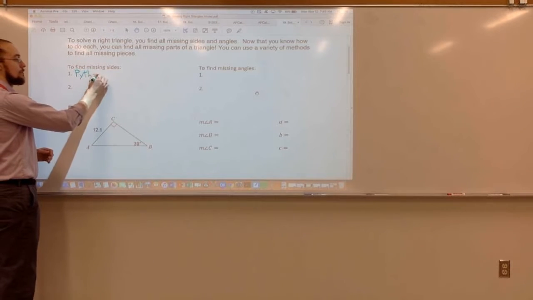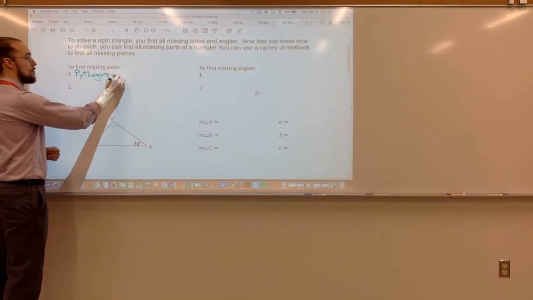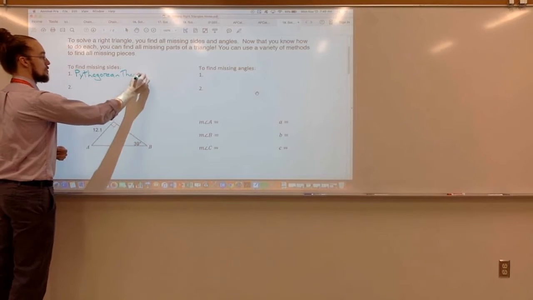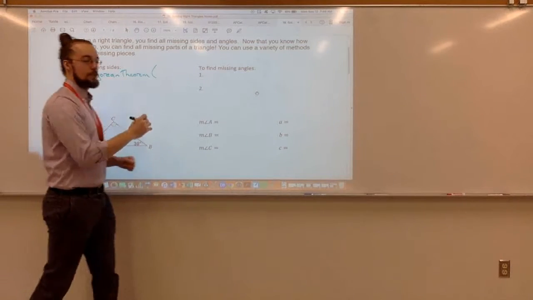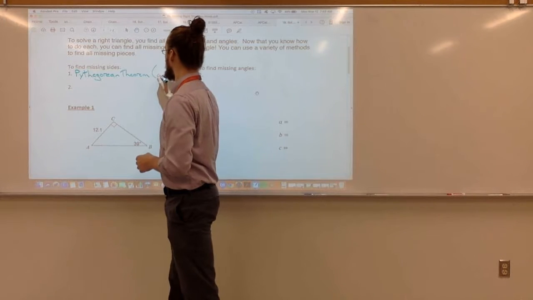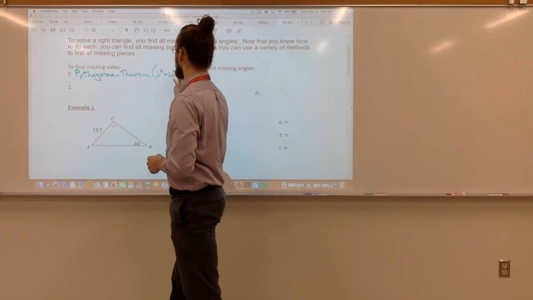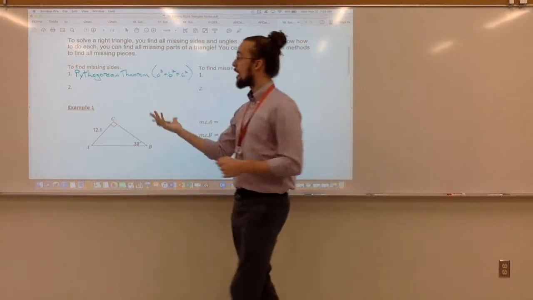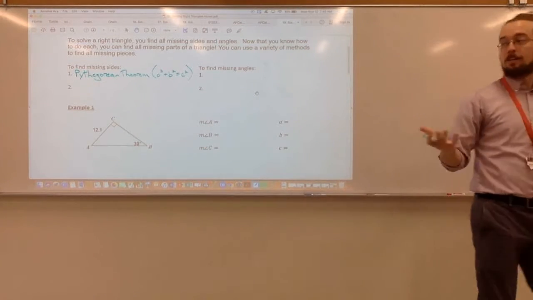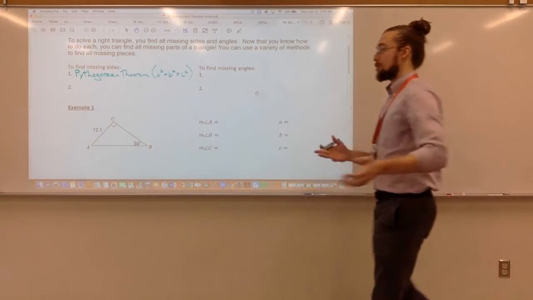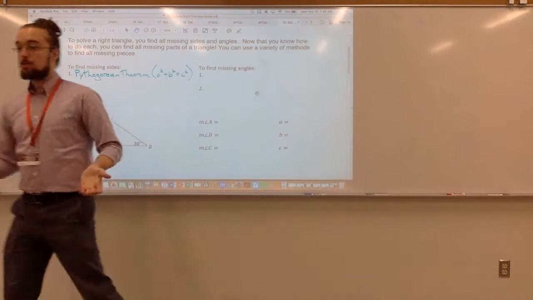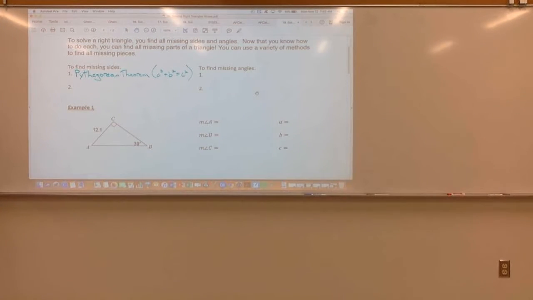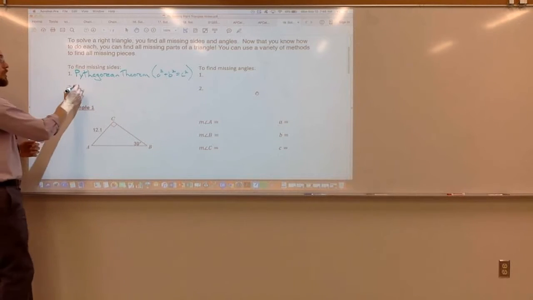So, Pythagorean theorem is a squared plus b squared equals c squared. Right? So we can use that to find a missing side. Or, like he just told us, we could also use the trig. Right? We use sine, cosine, and tangent to find missing sides in right triangles as well.